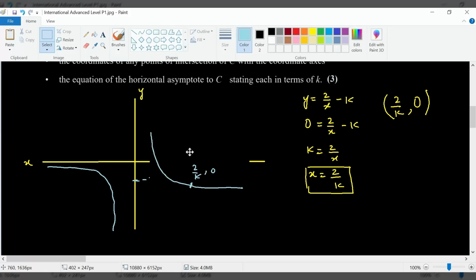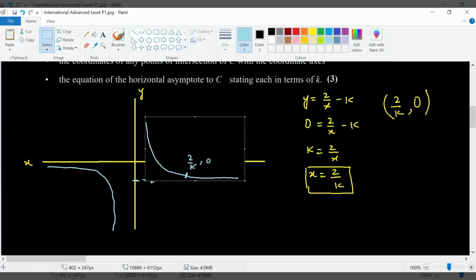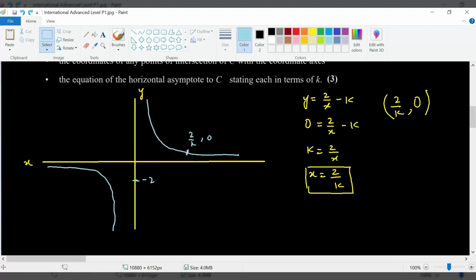If I remove this one and place it something like this, where it is crossing at negative 2, bringing this a little down so that it crosses at negative 2.